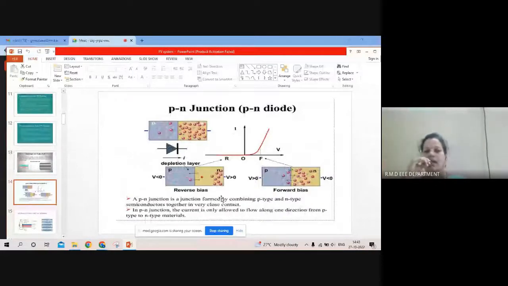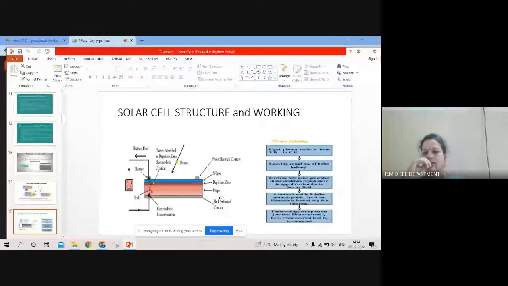When a PN junction diode is formed by means of silicon, then if light falls on it, photons fall on it, and it will excite an electron from the valence band to the conduction band, leaving an equal number of holes behind, and in the depletion region they move in opposite directions.